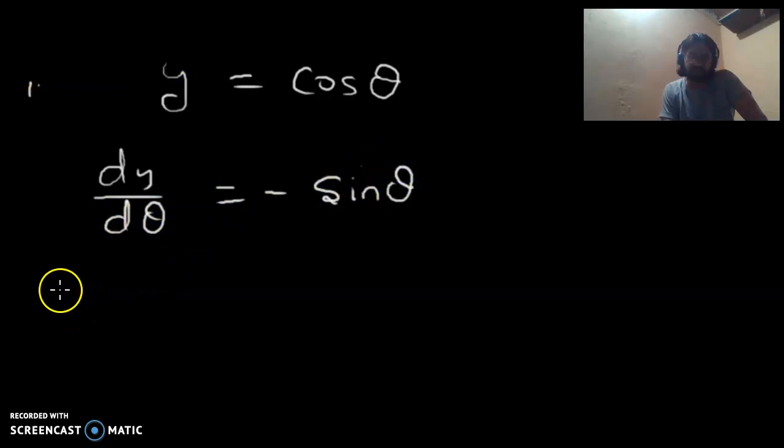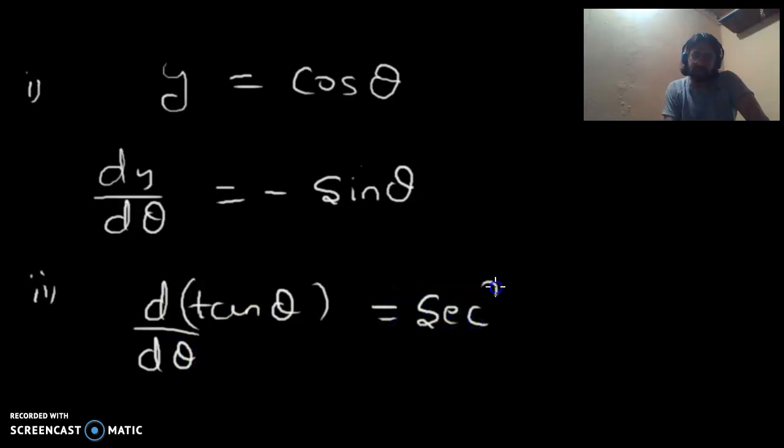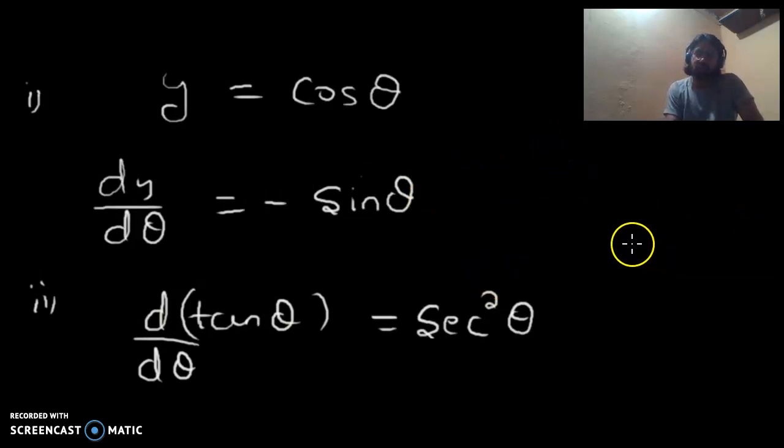And what is the differentiation of tan theta? It would be sec square theta. So these are the derivatives of different trigonometric functions.